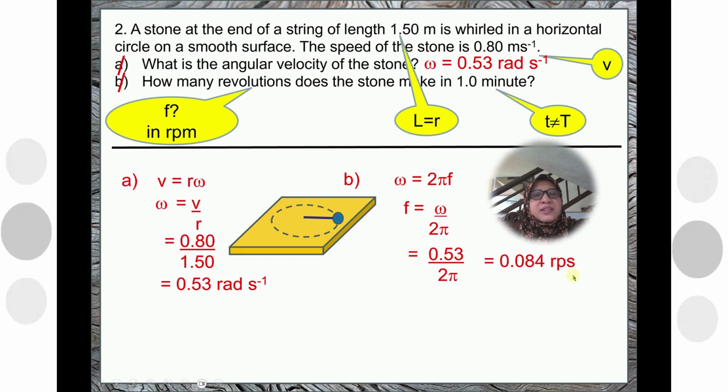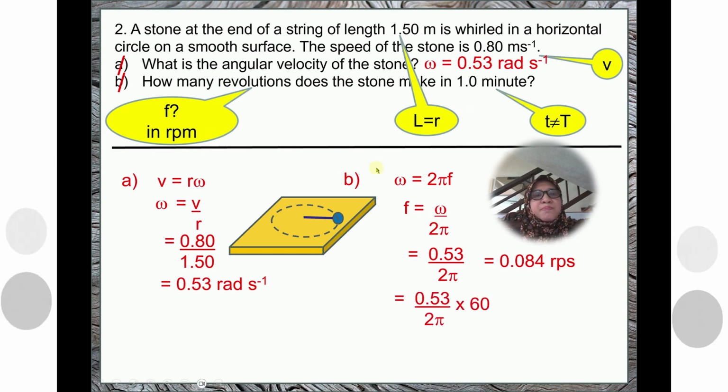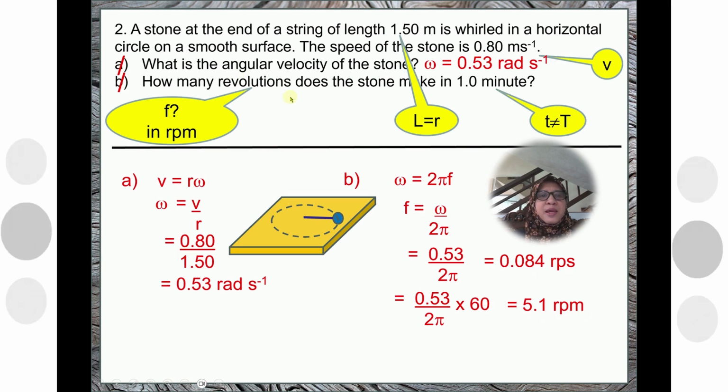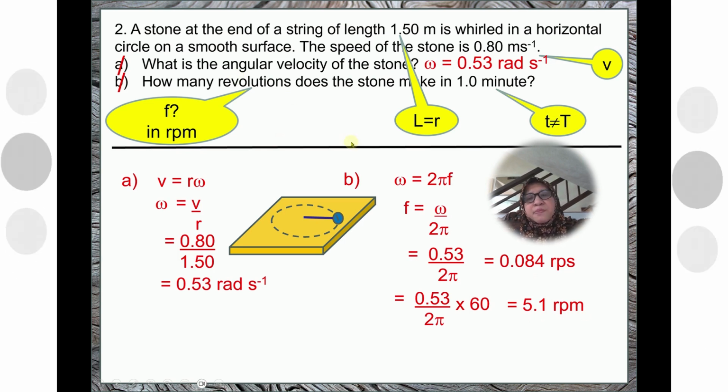So this is the frequency in the unit revolutions per second. But the question asks for per minute, so we convert seconds to minutes. To convert to minutes, we multiply by 60 because 1 minute is 60 seconds. So we get 5.1 revolutions per minute. Okay, in RPM, as the question wants the unit in RPM.